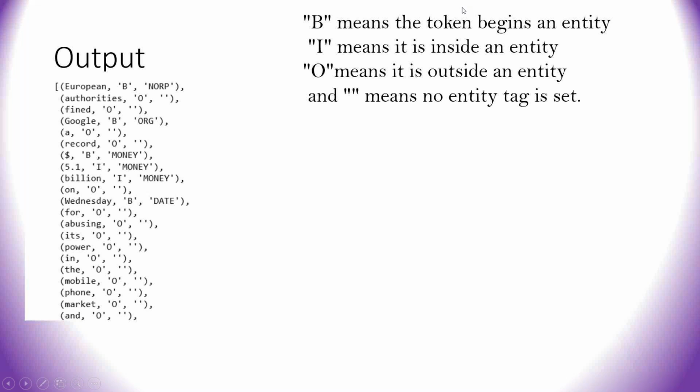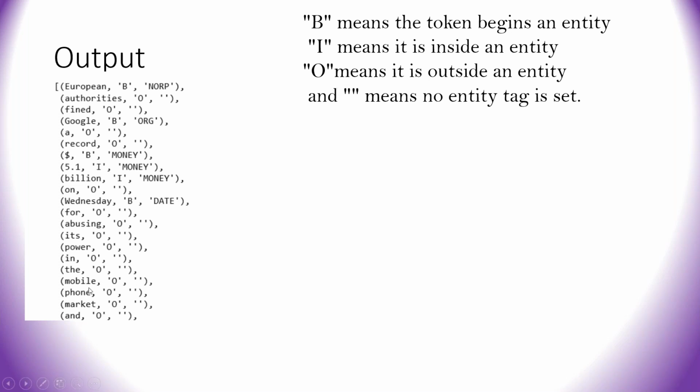If we have a look at B, it identifies the beginning, where the entity starts with European as a word. And I means it is inside the entity, inside the boundary, covering all the words that are available there. And O means it is outside the boundary.